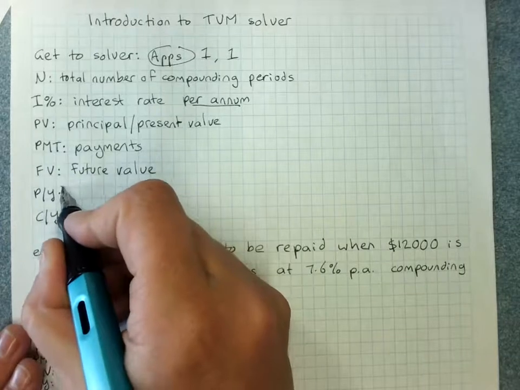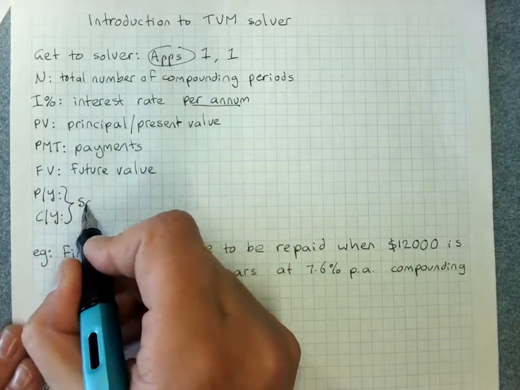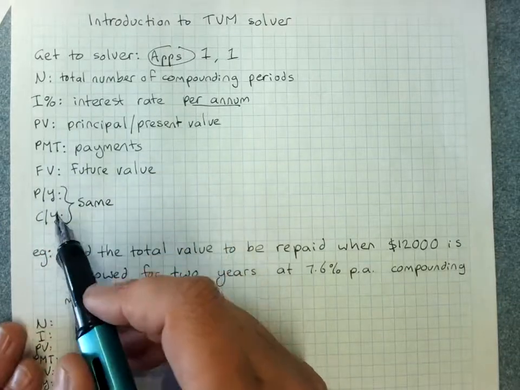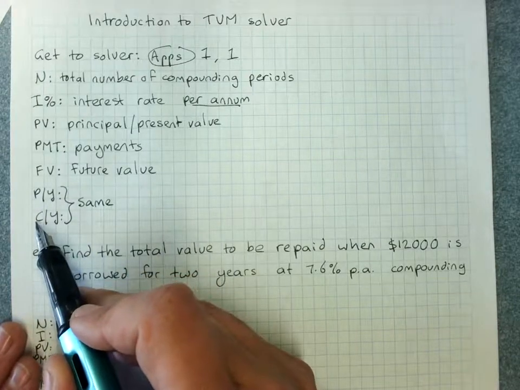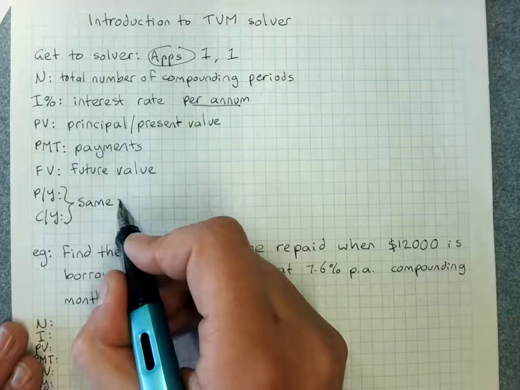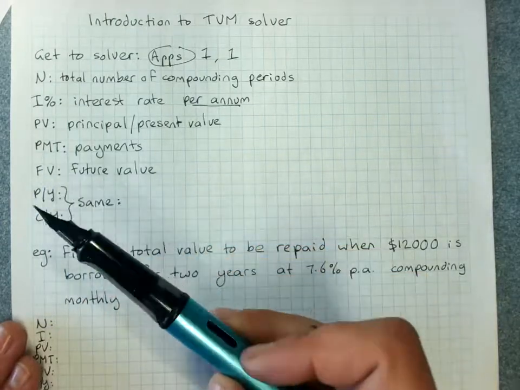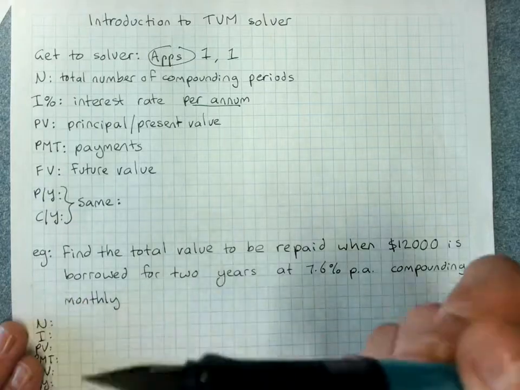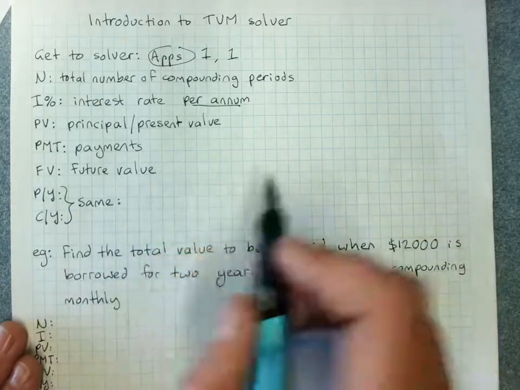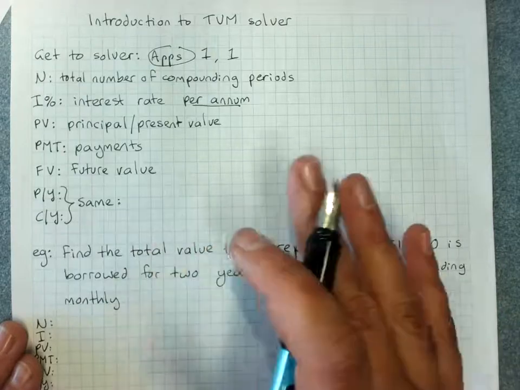PY and CY, for all the problems we do, will be the same value, the same number. It's the number of payments per year and the number of compounding periods per year. And we're assuming that if it's compounding monthly, we would be making payments monthly and stuff like that. We wouldn't do two different things. Sometimes that happens.